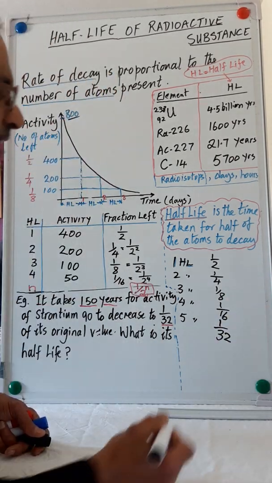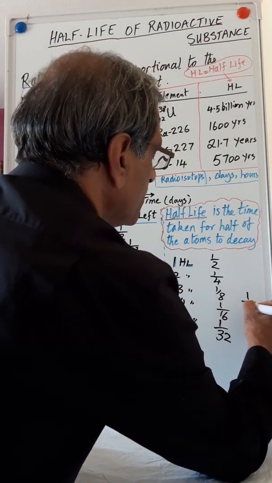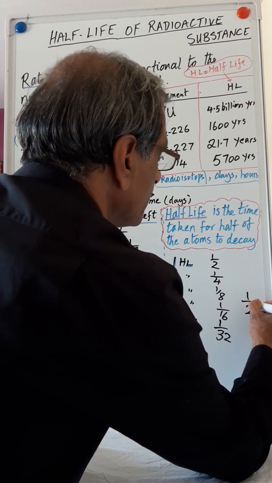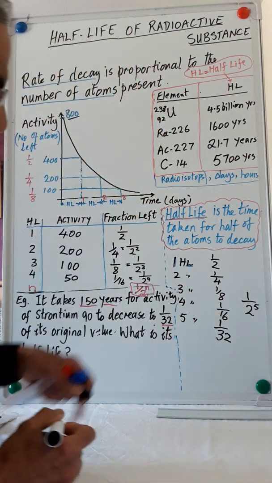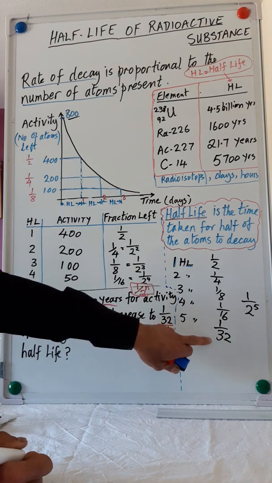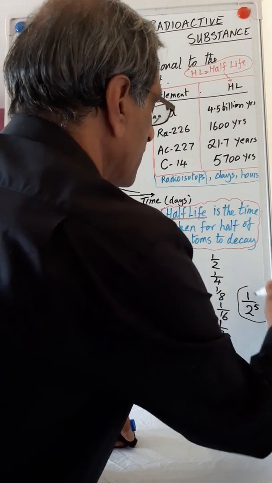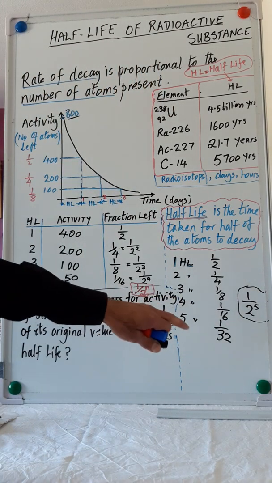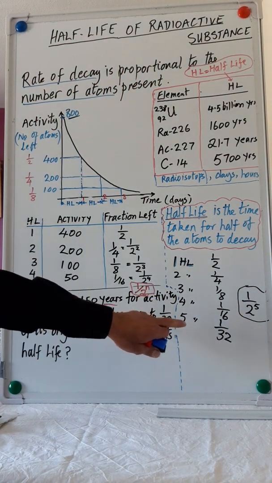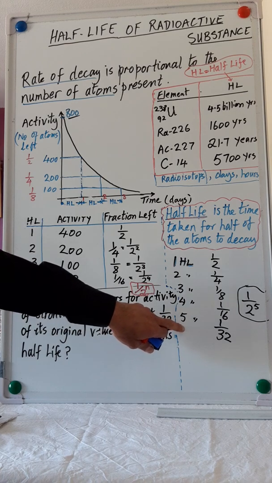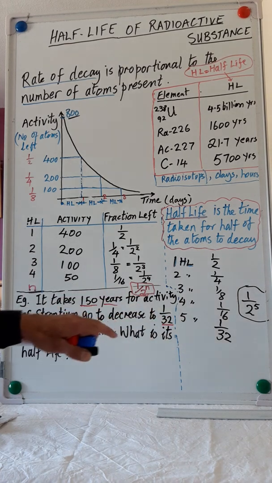Or we could have done this like 1 over 2 to the power of 5. That'll give me 1 over 32. So that means the time elapsed is 5 half-lives.